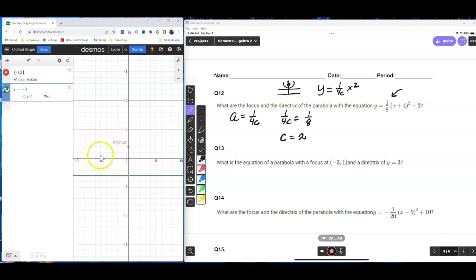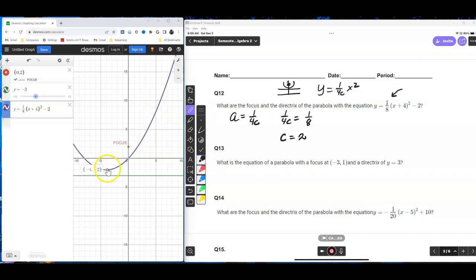So you notice that this parabola has to open up. So what I'm going to do is I'm going to graph it. y equals 1 over 8 parentheses x plus 4 squared minus 2. Okay.